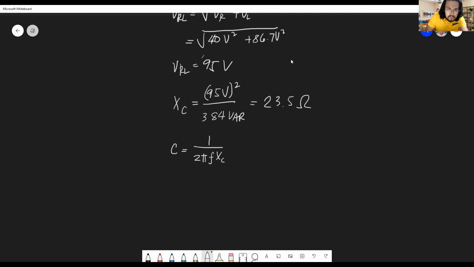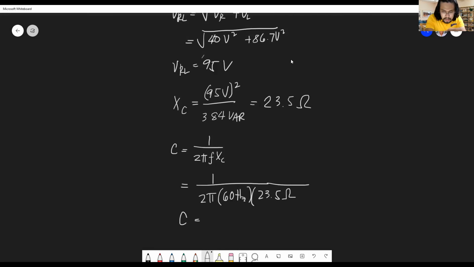Remember that this is the same formula used when solving for the reactance. This becomes 1 over 2 pi times 60 hertz times 23.5 ohms. So 1 divided by 2 divided by pi, divided by 60 hertz, and divided by 23.5.